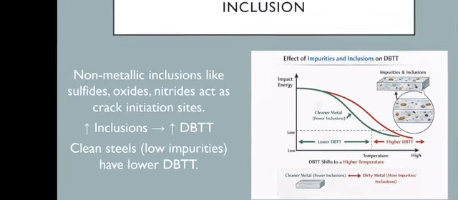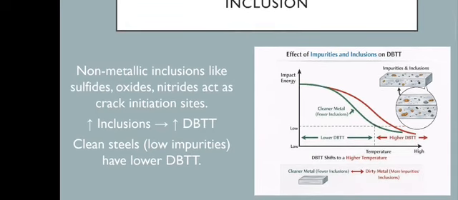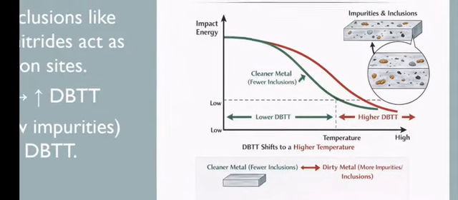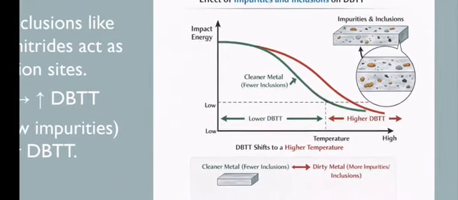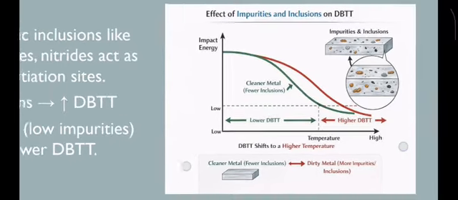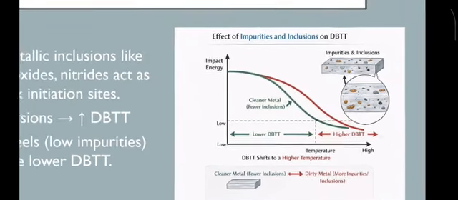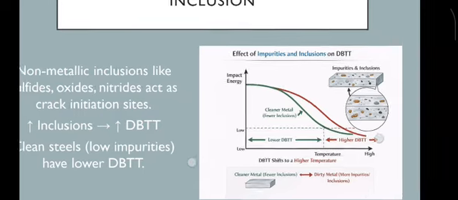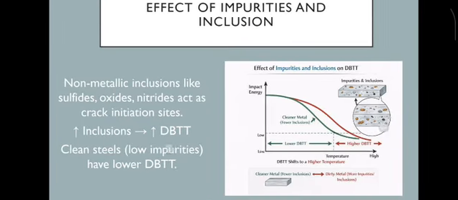So we can say that the higher the inclusion content, the higher the DBTT, while clean steels with lower impurities have lower DBTT values. The cleaner metal, with lower inclusion content, has a lower DBTT than metals with more impurities. Okay, thank you.